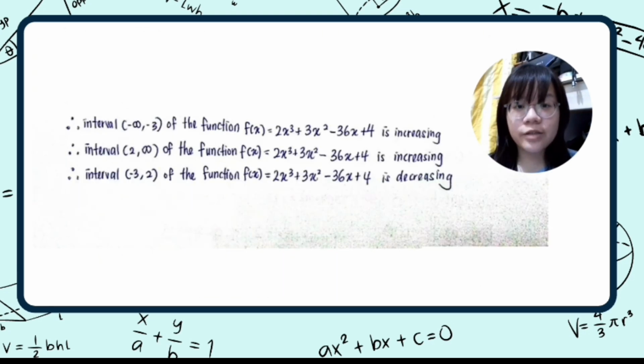So after this, we can get a small conclusion for this question: the intervals negative infinity to negative 3, and 2 to infinity, the function f(x) equals 2x cubed plus 3x squared minus 36x plus 4 is increasing, while on the interval negative 3 to 2 the function is decreasing. So that's all from me. Thank you.